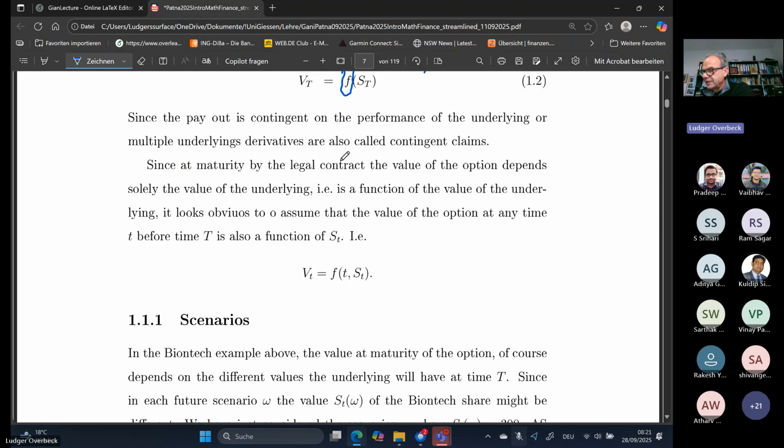Sometimes the option depends on time, and you have it at each time t, and that's what we want to figure out. There's now another function, not the function f here, because it also depends on time and state. And this function we want to figure out.